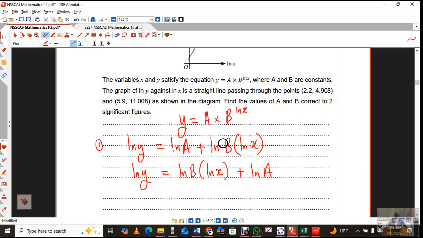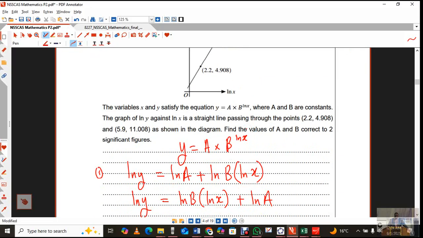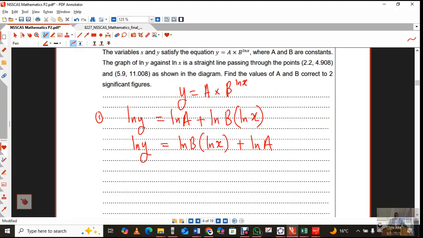So since the graph of the natural log of y against the natural log of x is a straight line, the slope of the graph, the gradient, is the coefficient of the natural log of x, which is the natural log of b. So this one here is our gradient. So this is like y equals mx plus c. So our gradient is the natural log of b.